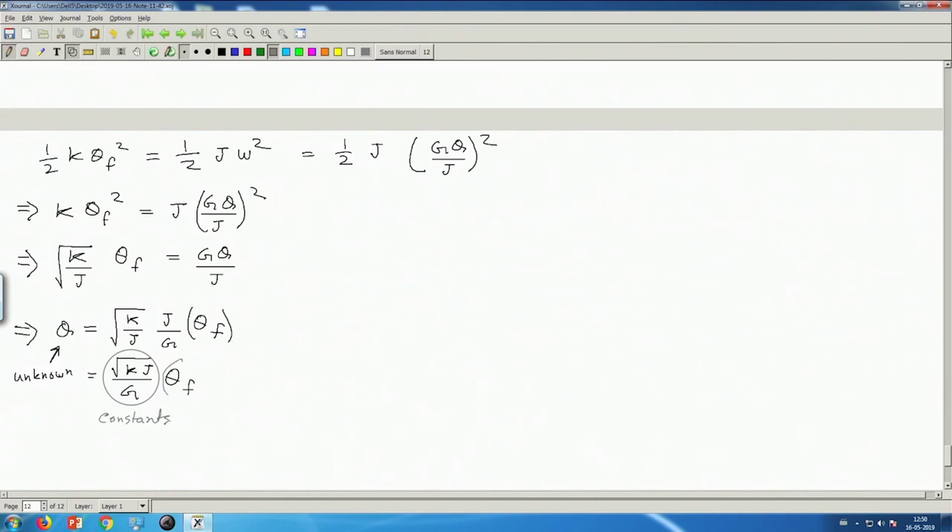So, this is measured or observed. And then if we know these constants, if we measure theta f, we can find the value of Q. So, that was our target. So, we have achieved it. How to find the value of Q?